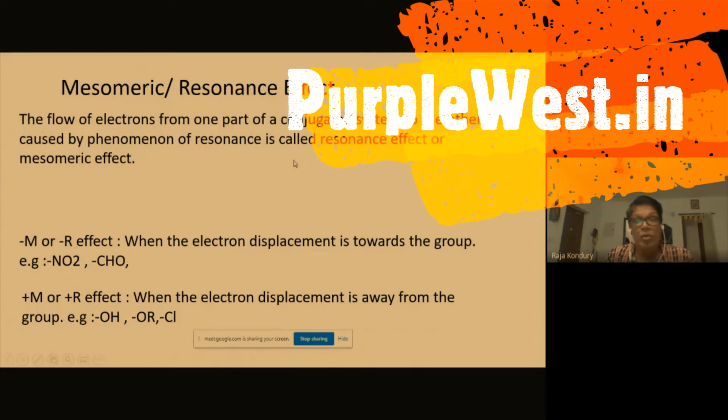When you were first introduced to resonance in class, perhaps you were given the example of the structure of benzene, shown that benzene can be depicted by more than one structure, and this is called resonance. So it was only the benzene molecule, not a substituted benzene. It means a molecule need not have a functional group or a substituent; without it, it can also show resonance.